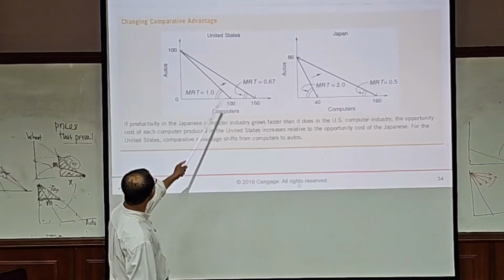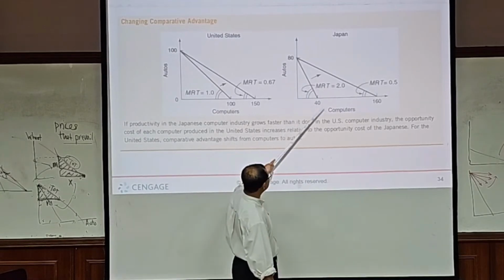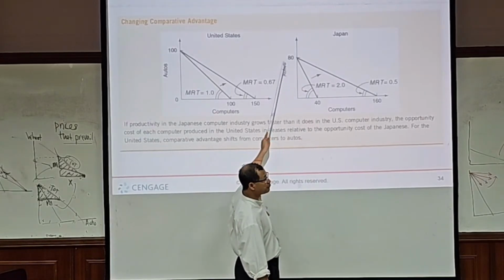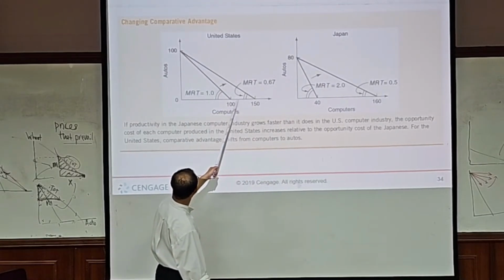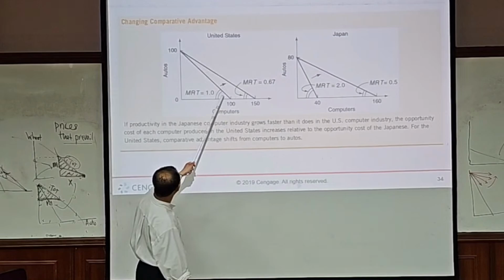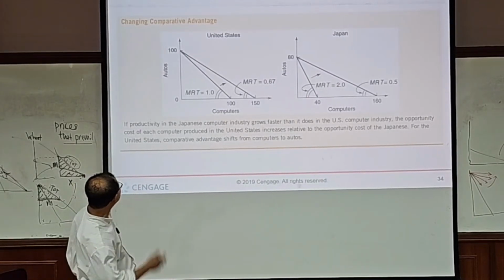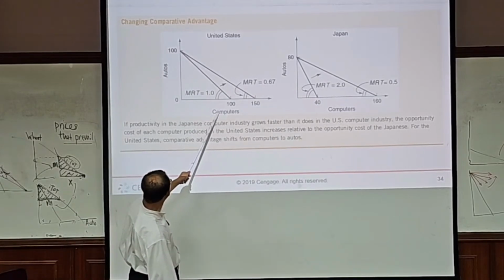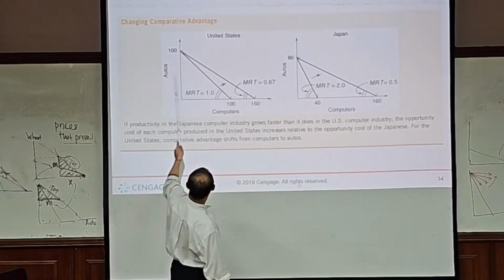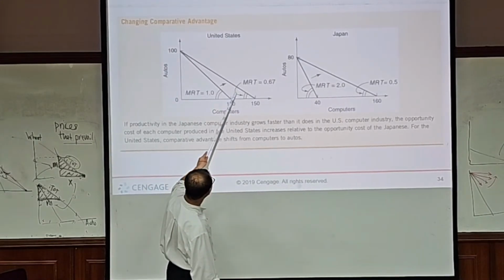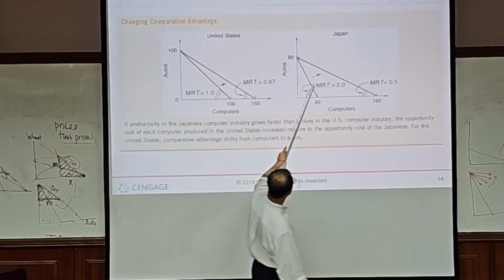Previously, the United States had comparative advantage in computers, but it shifts. Shift from computers to automobile for the United States. This auto, yes. Now we finish with 2 by shift for the Japanese.